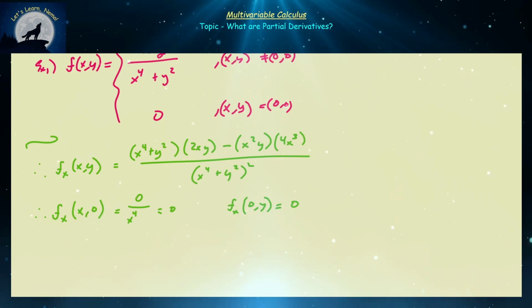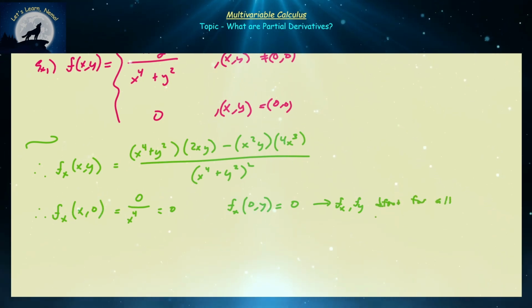And you should also be able to verify the more general result that fx and fy are actually defined for all x, y in R2. So the first order partial derivatives are actually continuous for all inputs x, y.